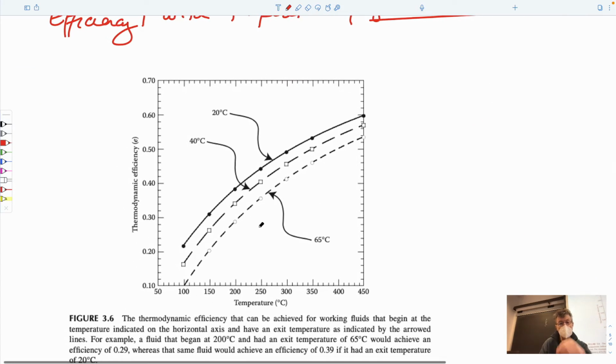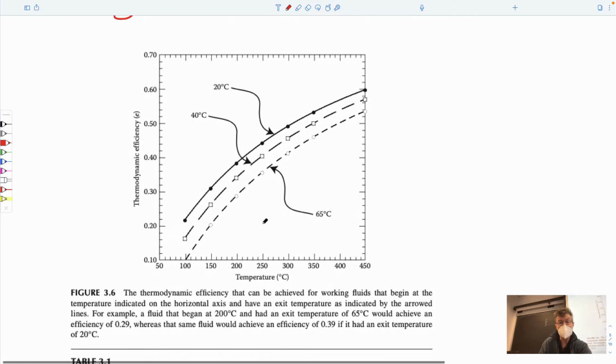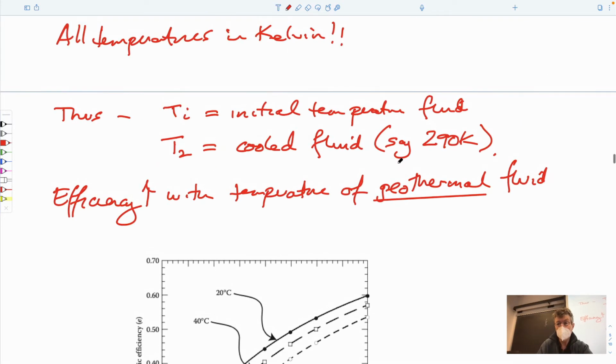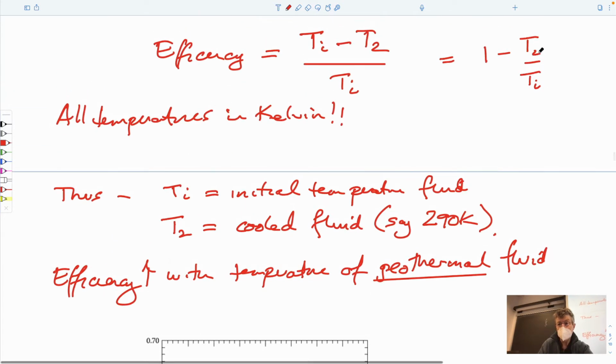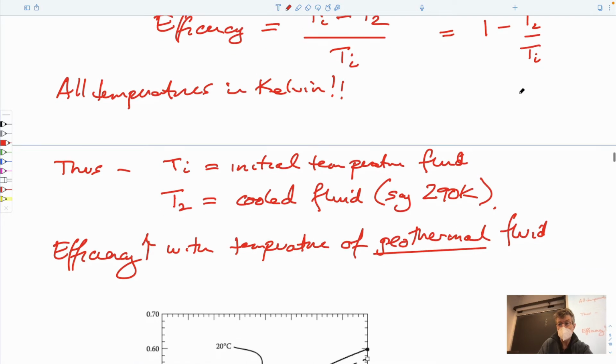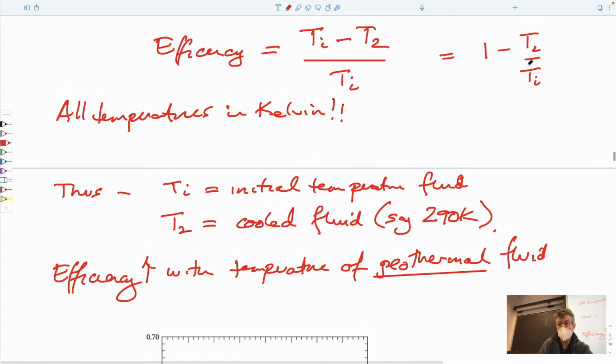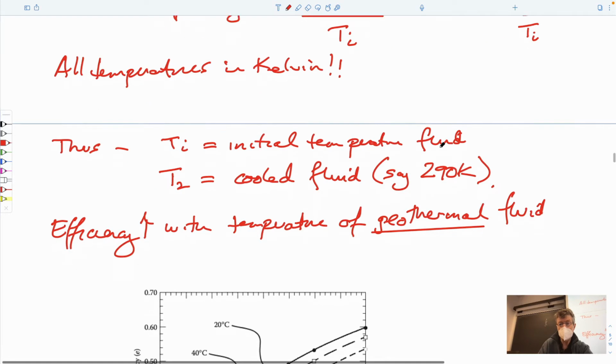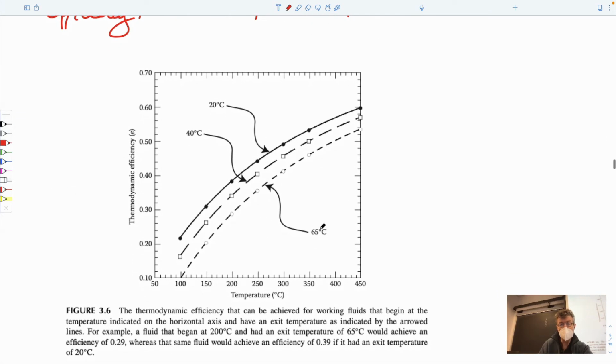thermodynamic efficiency of any system, inclusive of geothermal systems, where the temperature that you discard heat to has an impact on the efficiency. All this is this law plotted up as a function of the initial temperature versus the rejected temperature. The rejected temperatures are these, and these are the initial temperatures on the bottom.